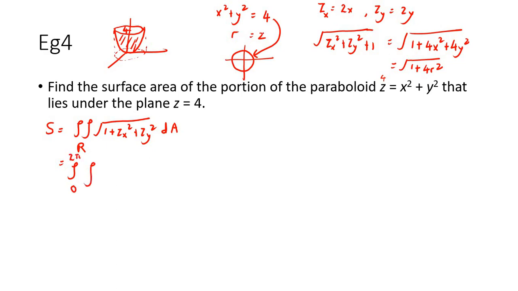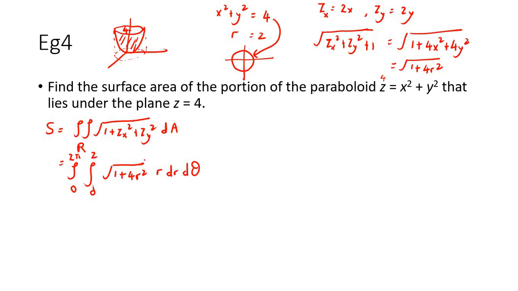For r, because x squared plus y squared equal to 4, you substitute z equal to 4 here, so r is 2. r from 0 to 2. Square root of 1 plus zx squared plus zy squared, you have 1 plus 4r squared. So dA is r dr d theta.